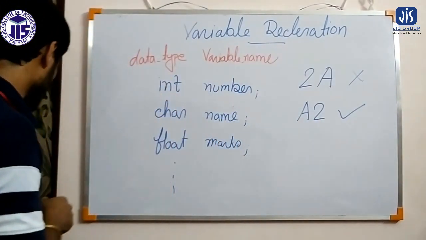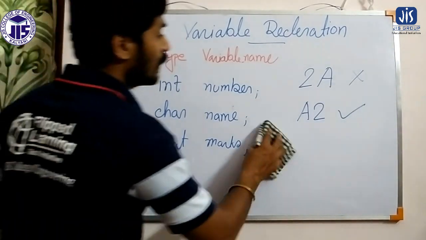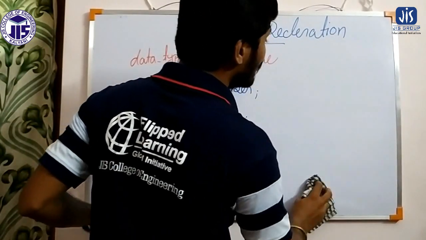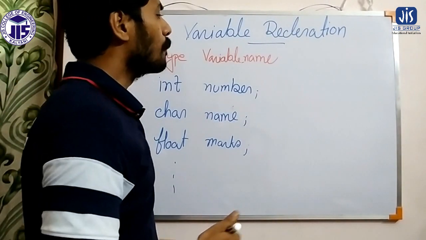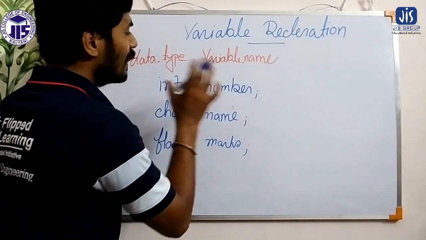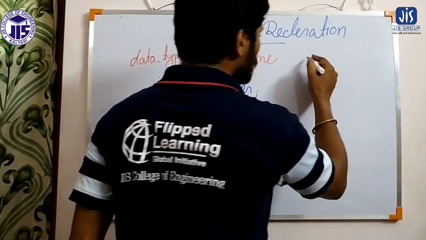Now, why is the data type important? That's why whenever we are declaring a variable, why we are mentioning the data type also. Various reasons are there. The main reason is that whenever I declare a variable number, so this is my main memory.